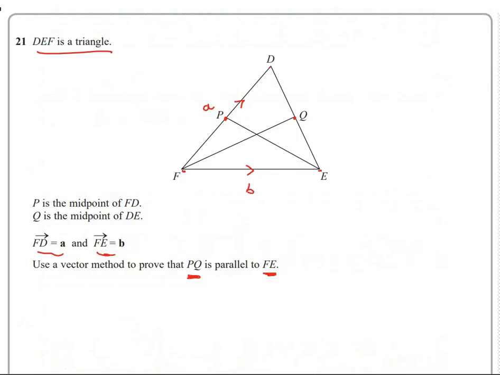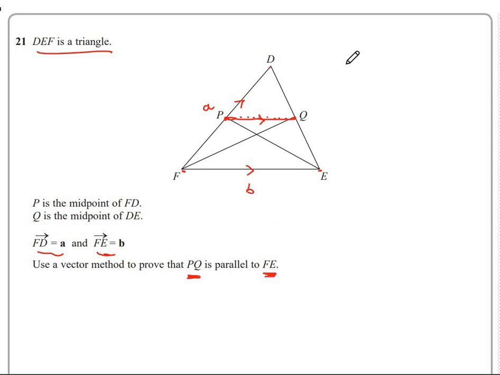So that's what we're going to do here. We draw our extra line to give ourselves a complete picture of what's going on. I'm going to put an arrow there to show it's going from P to Q. So we want to use a vector method to prove that PQ is parallel to FE.